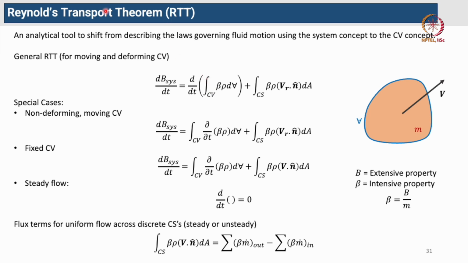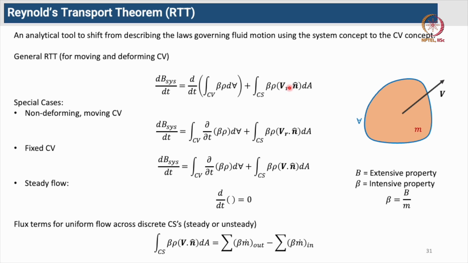Then we have the Reynolds transport theorem, which basically establishes the link between system and control volume. For a moving or deforming control volume, the rate of change of any property B, which is an extensive property, is given by this, where beta is the intensive version of the same property. So it is the rate of change of that property within the control volume plus the flux coming out of the control volume, or going into the control volume.